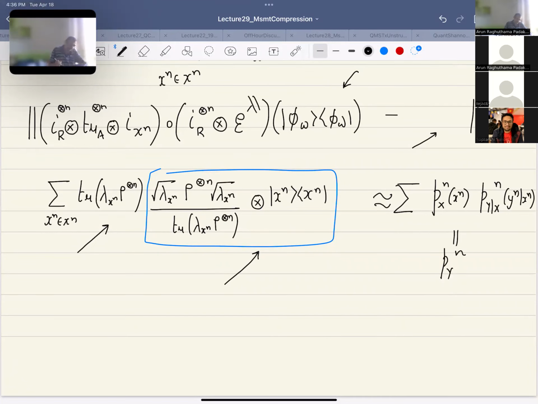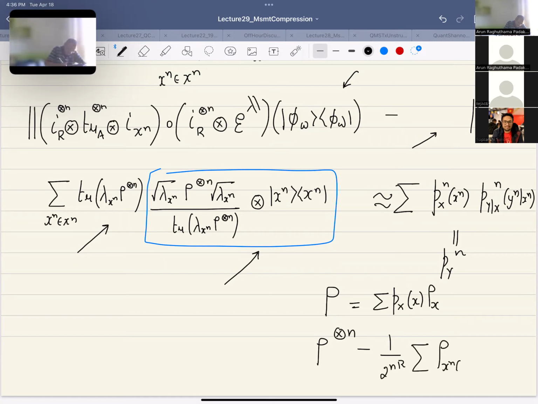Okay, so that gives you the idea as to, remember, what the covering lemma was. You had a density operator rho, you knew you could simulate it as follows. But what you did is you simulated rho tensor n as 1 by 2 power n r, some other states, rho xn of m, right?